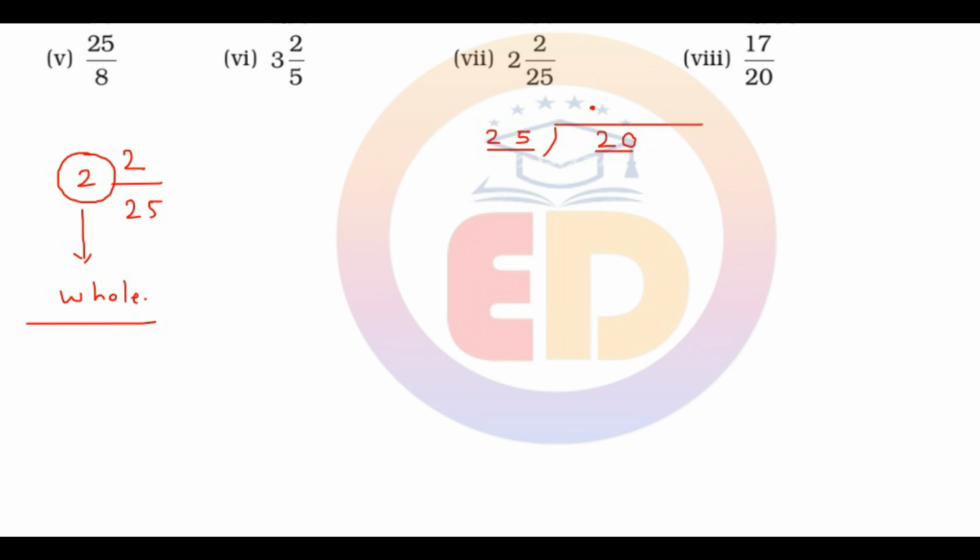And friends, remember a very important point. First we have increased 2 by adding a decimal point, and against that I have placed a 0 here, but that is still not solving my problem because 20 is still smaller than 25. It means I have to further increase it. Increasing will happen only by adding zeros.